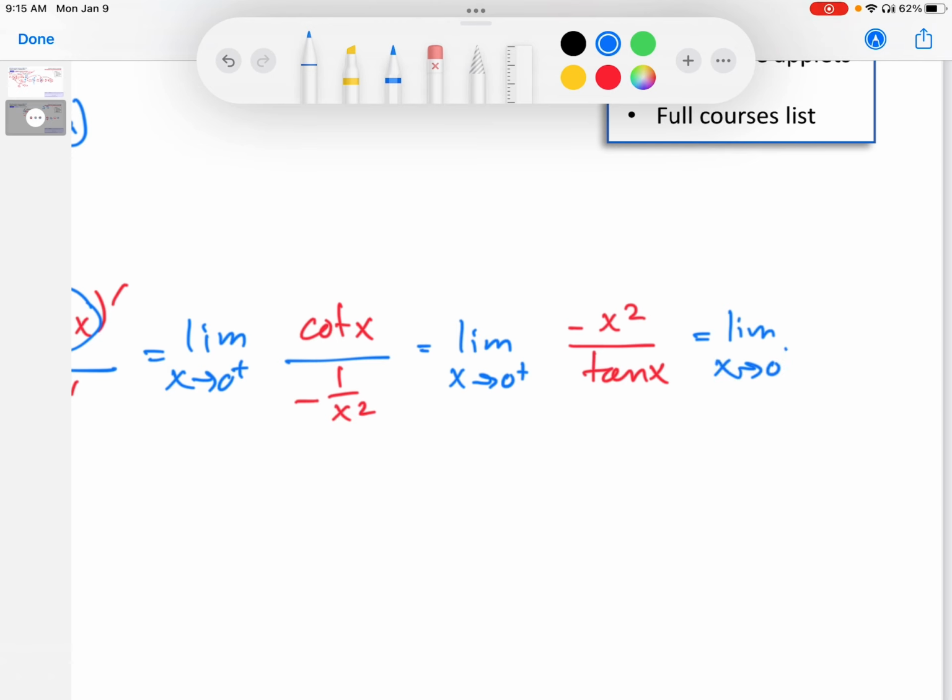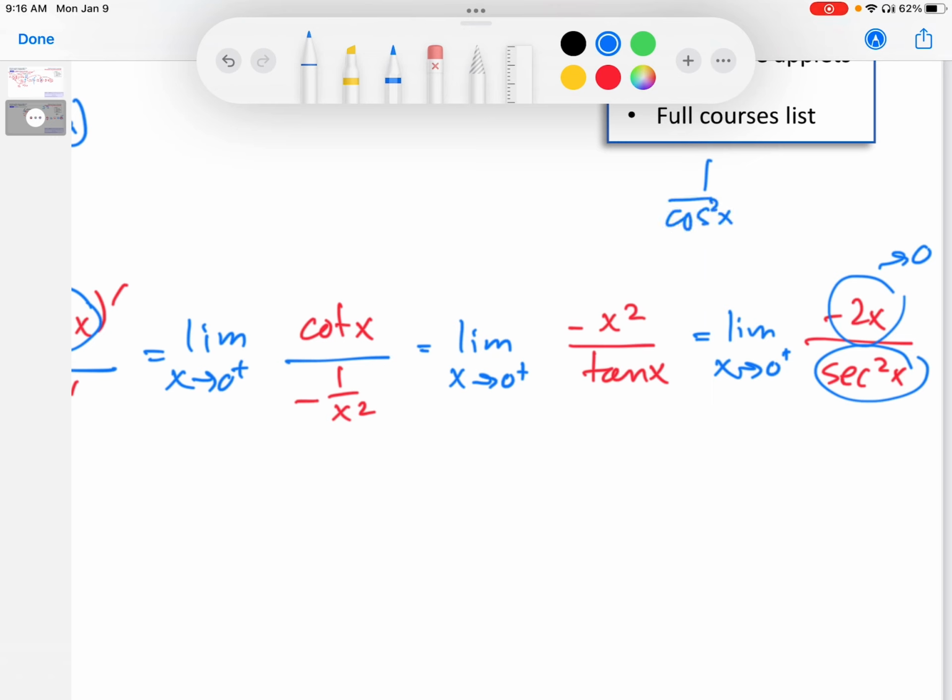Let's see what happens. So the derivative of the numerator is minus 2x. The derivative of the denominator, derivative of tangent, is secant squared. Okay. Now I reattempt applying L'Hopital's rule. The numerator goes to 0. The denominator, secant of x is 1 over cosine of x.